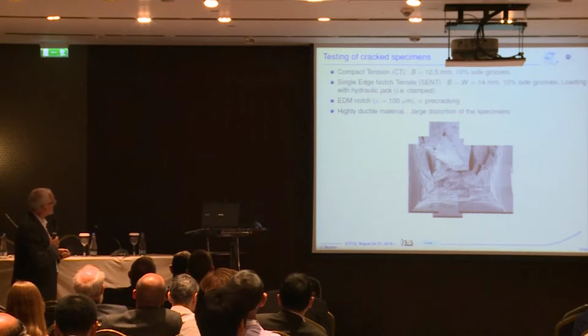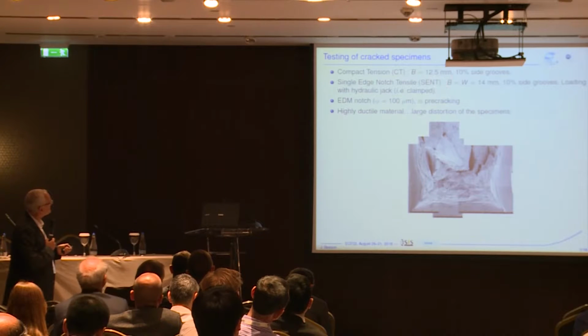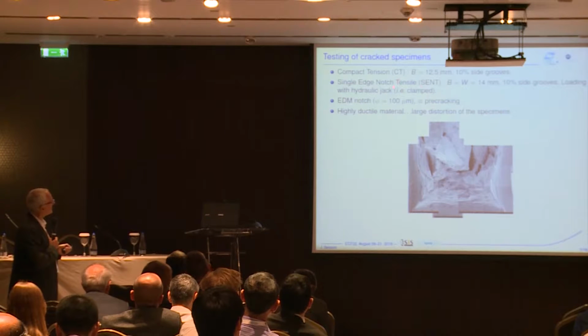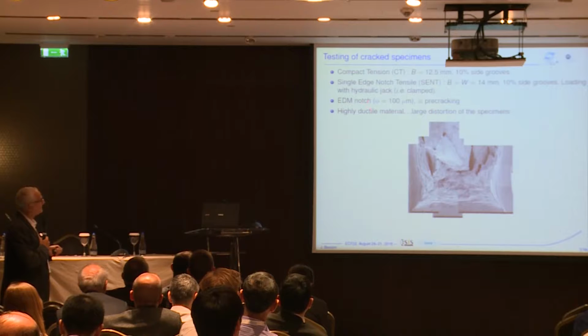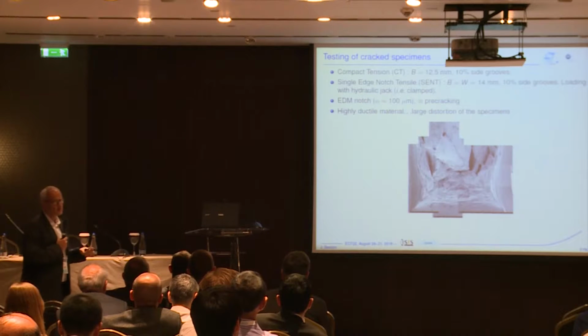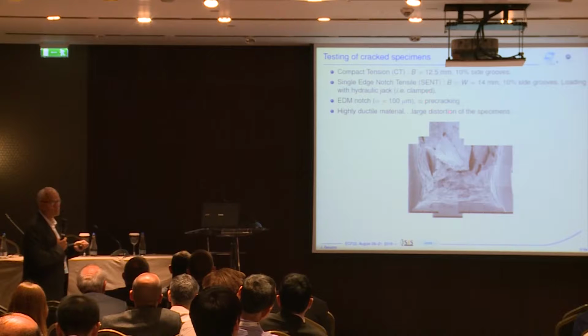Okay, so here's one test on a CT specimen. So as I said, that's the thickness. We use 10% side grooves. We've done the same on SENT specimens, which I'm not going to report in this presentation. And we introduced a crack as an EDM notch because the material is so ductile that using a very fine EDM notch with a diameter of 100 microns is really equivalent to pre-cracking.